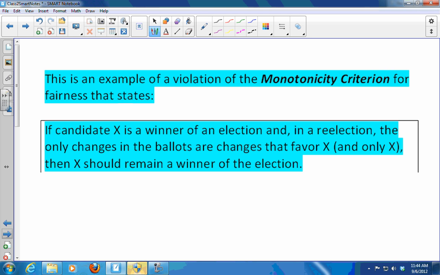Candidate X is the winner of the first election, and in a re-election, the only changes in the ballots are changes that favor X, where people move X up on their ballot. Then X should remain the winner. Okay? In order to deem the election fair, if X won the first time and the only things that changed were good things for X, we would expect X to remain the winner. Okay? If that doesn't happen, we say we violated the monotonicity criterion.